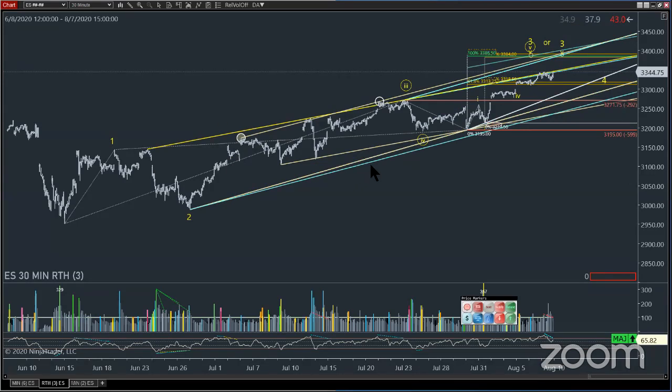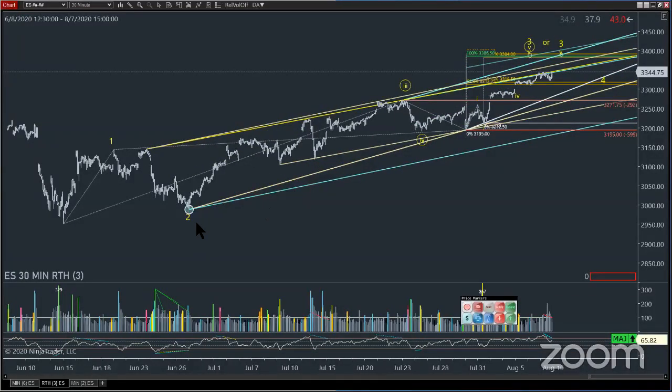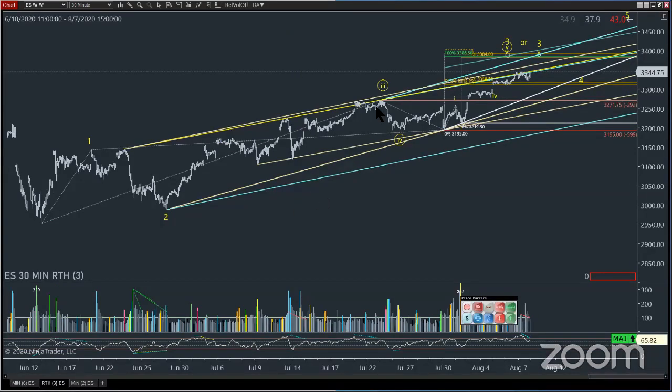Let's see here. It's a heck of a lot of fib confluence zones up there. Yep, I think that's where we're headed.